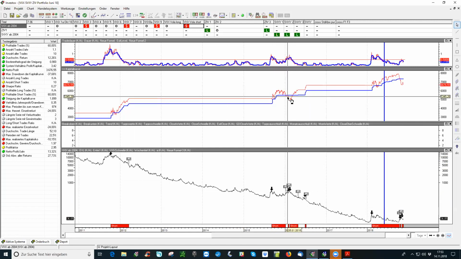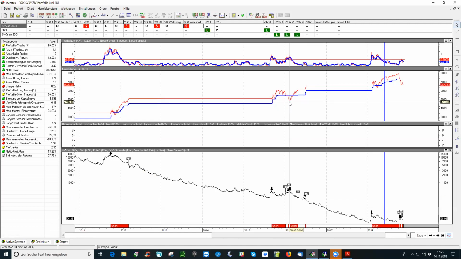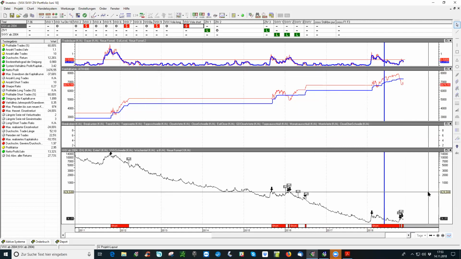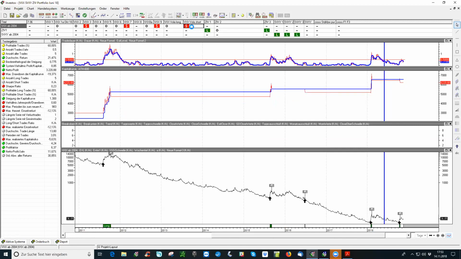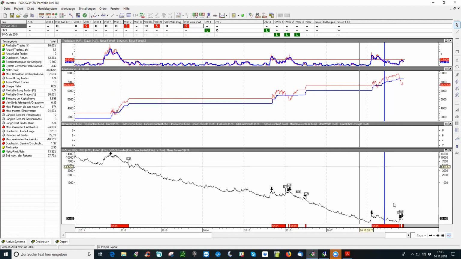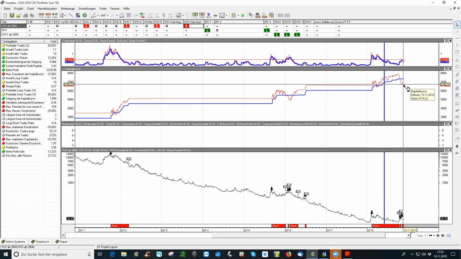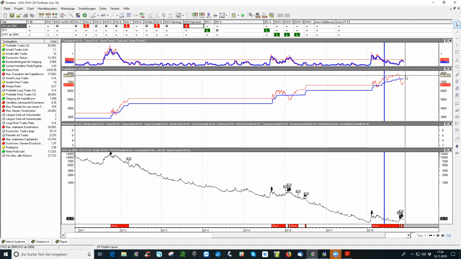Of course, you don't have successful trades all the time. It's only 60%. But altogether, it's pretty nice, because you have to add these two systems. And here we are not at the all-time low. The all-time low will be on this level, and then this result will be something here in this area.